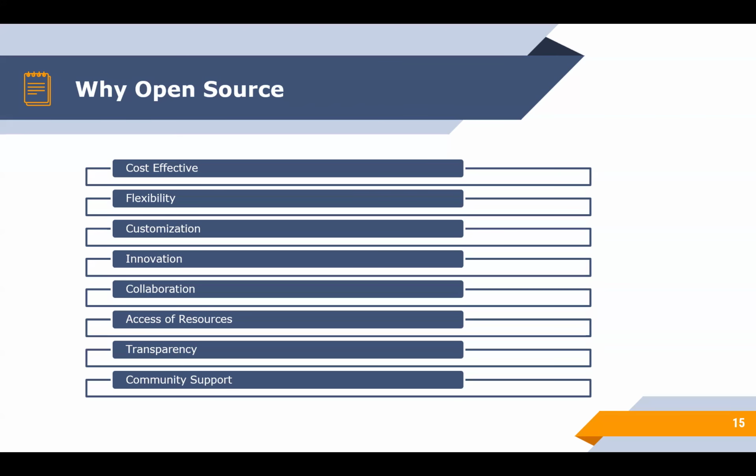You have to log the complaint in their portal. When their engineer attends, only then will you get some solution. But in open source, because the entire code is open, you can check where the problem is, solve it yourself and implement it. So we have transparency in the code. Community support is already there.